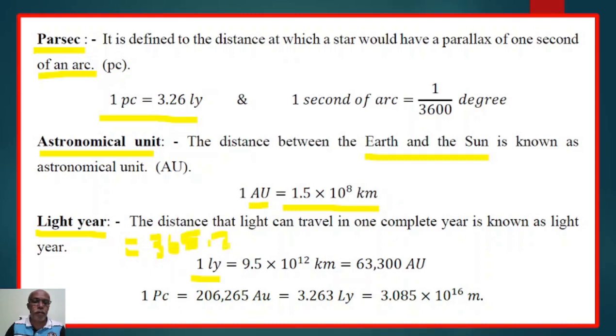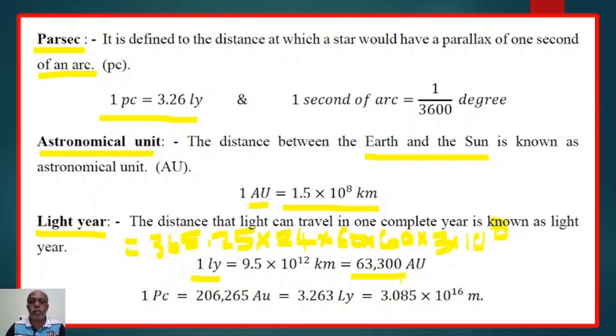1 year multiplied by 24 hours into 60 minutes into 60 seconds, and multiply this with the speed of light, which is approximately 3 into 10 power 8 meter per second, and this approximately gives 9.5 into 10 power 12 kilometer, or otherwise 9.5 into 10 power 15 meter, and that will be nearly equal to 63,300 astronomical units.